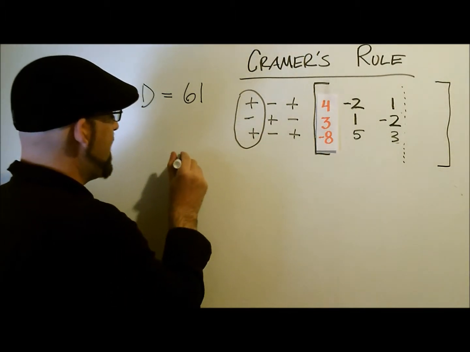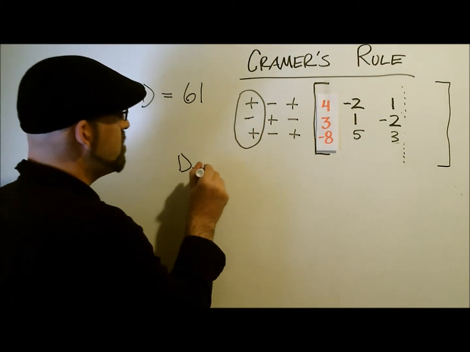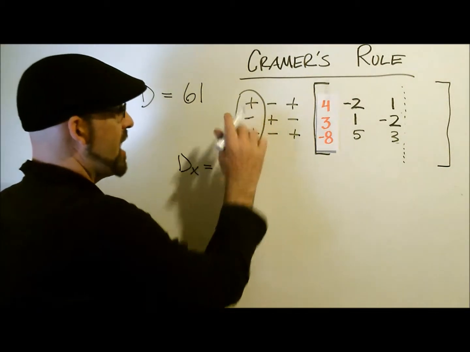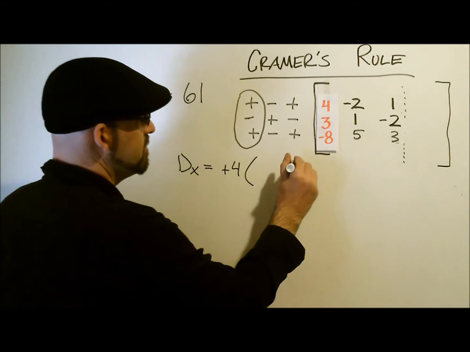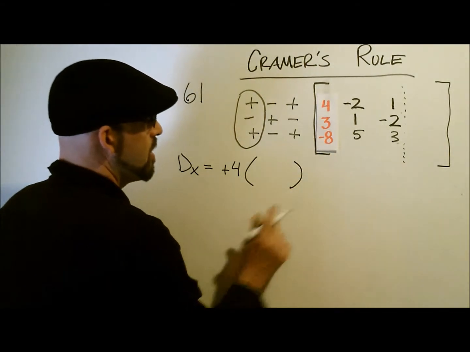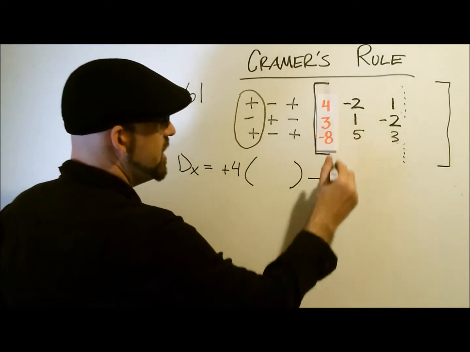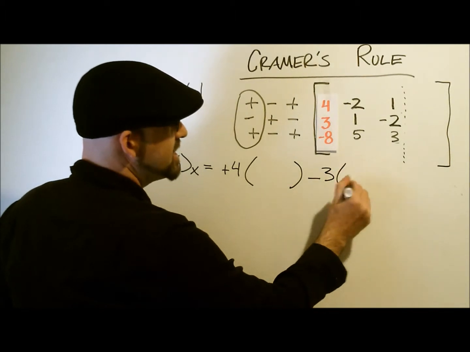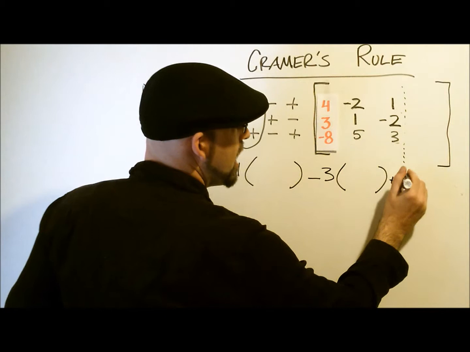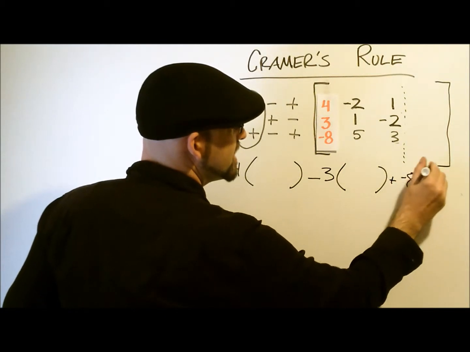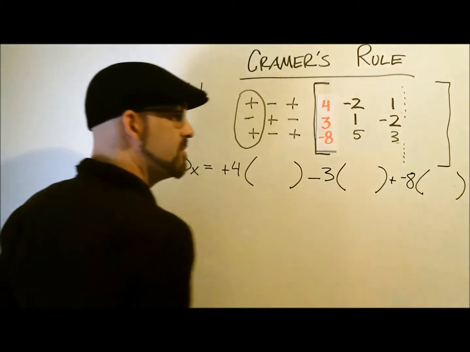So the determinant of x equals, well, we start with our +4 times its determinant, minus 3 times its determinant, plus a -8 times its determinant.